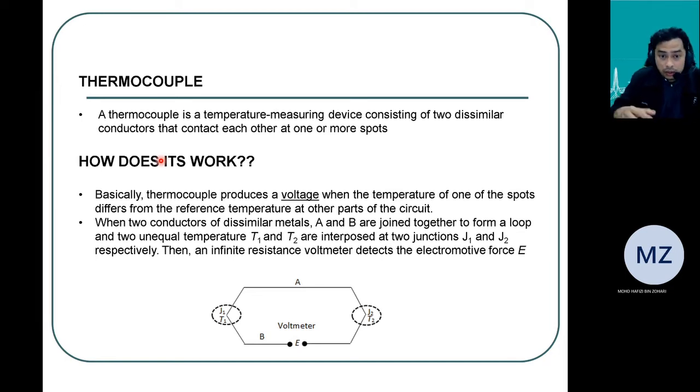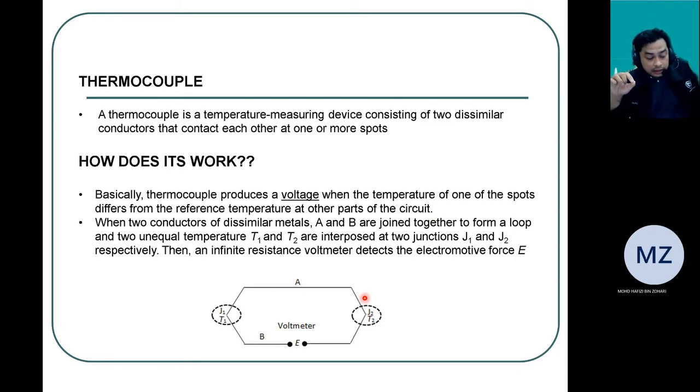So how does it work? A thermocouple is built by using two dissimilar materials joined together. If we look at the circuit here, we have A and B wires combined together.